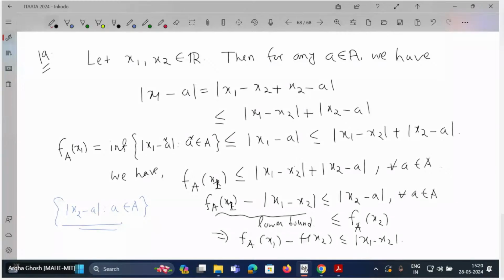So ultimately, consequently, if we change the role of x1 and x2, we have mod of f_A(x1) minus f_A(x2) is less than or equal to mod of x1 minus x2.